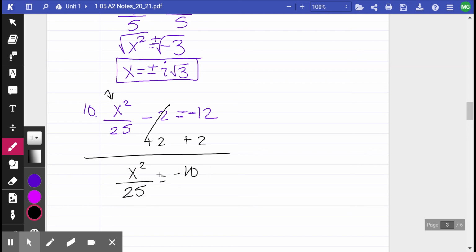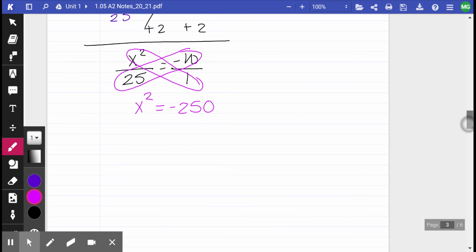Since I have a fraction on the left side, I'm going to just make this negative 10 into a fraction by putting it over 1. And that way, now I have a fraction equal to another fraction. I can cross multiply. So that gives me x squared times 1 is x squared equals 25 times negative 10 would be negative 250. So now I have x squared by itself, but I need to now solve for x.